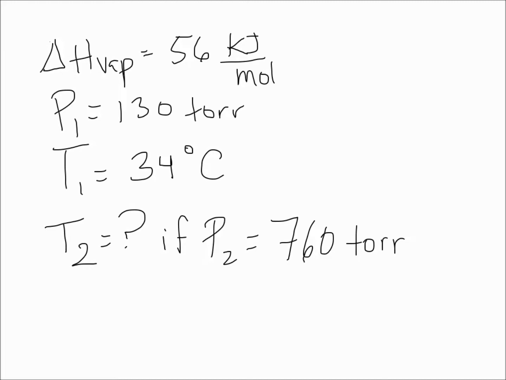However, don't forget that you first have to check your units. So let's start with the pressure. We have in pressure 1, 130 torr, pressure 2, 760 torr. For the case of temperature 1, we have it as 34 degrees Celsius, and we need to change that into Kelvin.